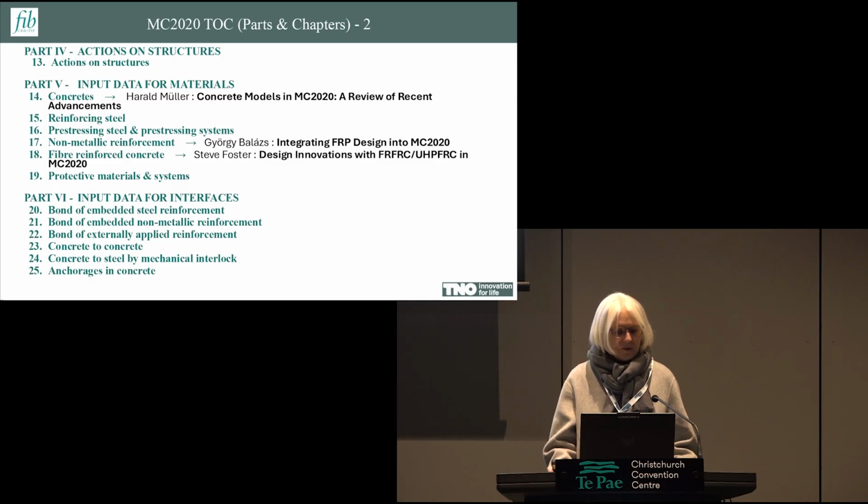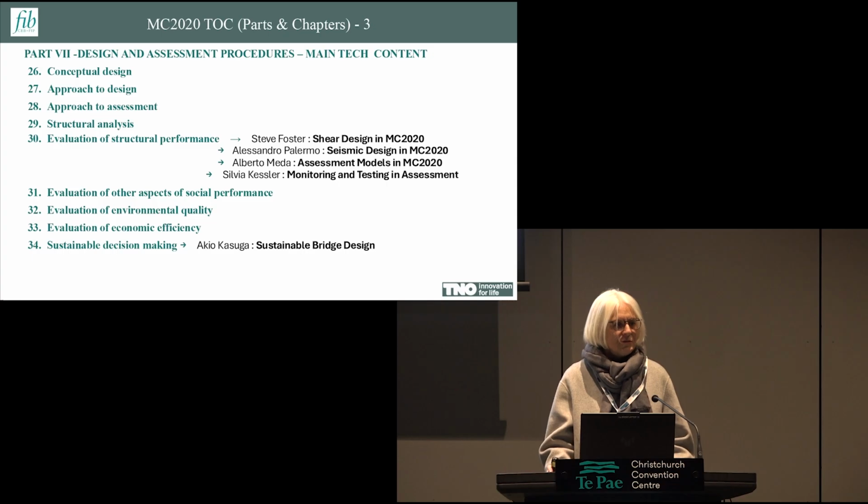And a very interesting part is also on concrete to steel. And I mean, quite often we use this kind of structural solution, so it's good to know it. And anchors in concrete, for practitioners, the important one. Now, the biggest part of the 700 pages of the model code is in design and assessment procedures.